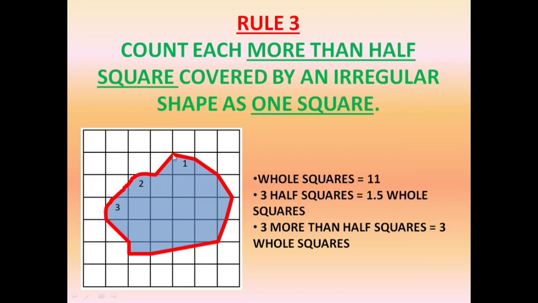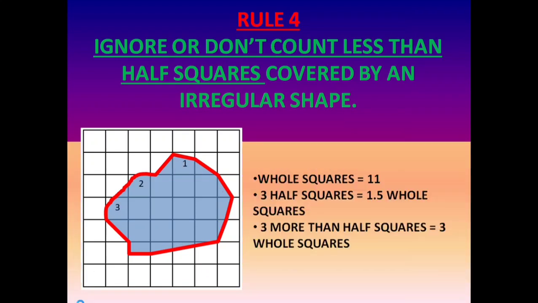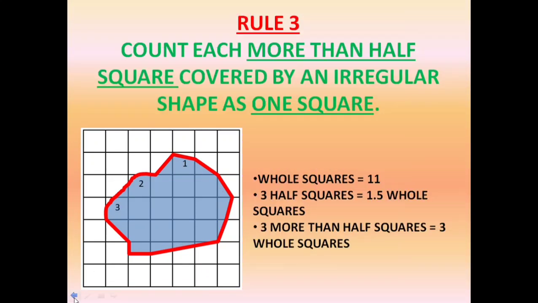It is not exactly one whole square, but it is more than half. So beta, the rule says that such more than half squares should be counted as one whole. So 1, 2 and 3. So these three more than half squares would be equal to 3 whole squares.